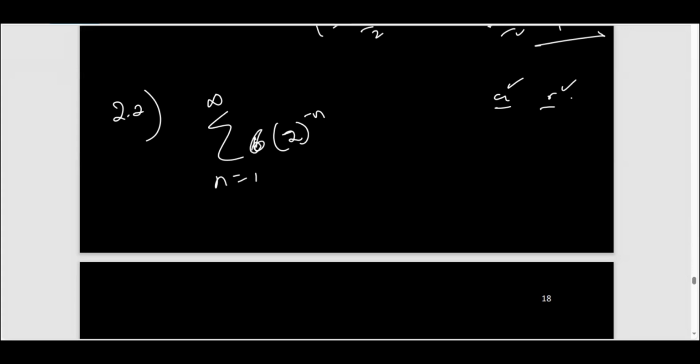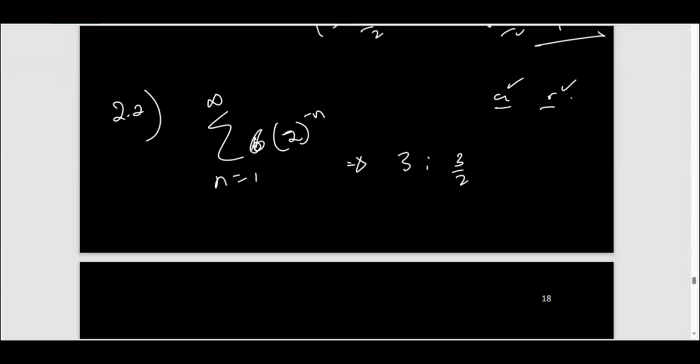Replace n with 1. Our a becomes 3. Then if you replace n with 2, you're going to get 3 over 2, and so on and so forth.